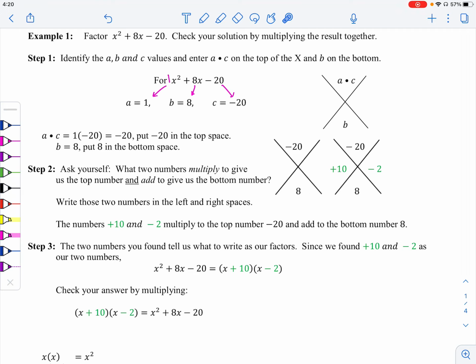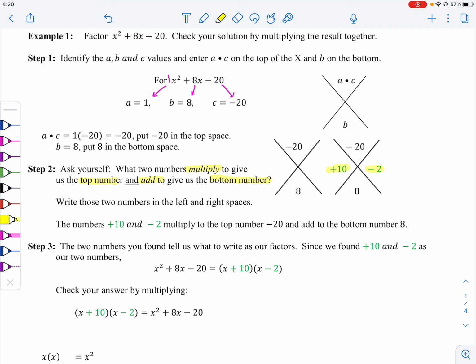And then what we want to do is find two numbers that multiply to give the top number and add to the bottom number. We look at factors of negative 20.